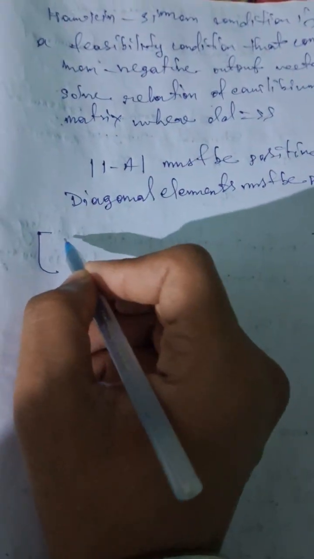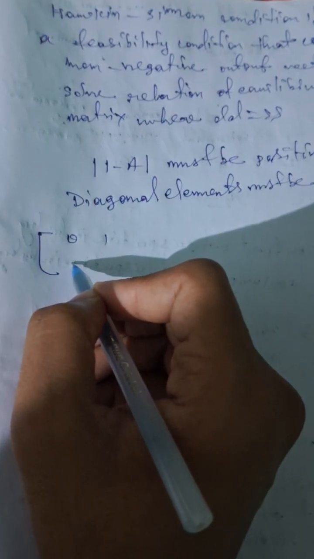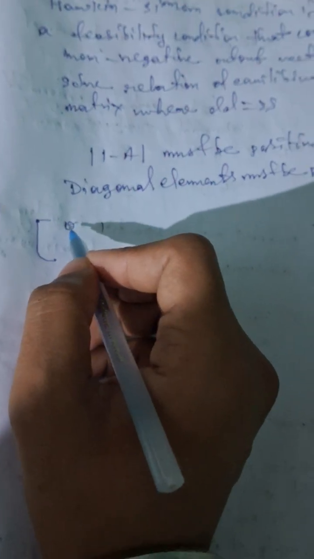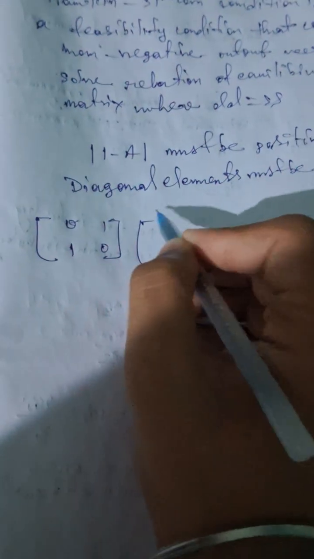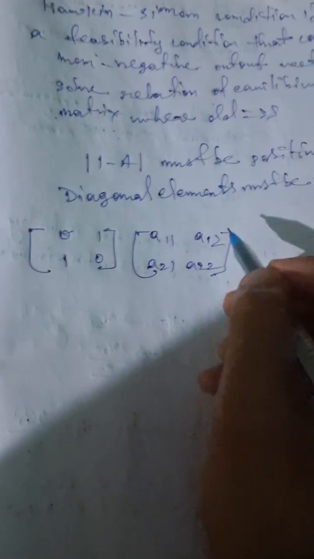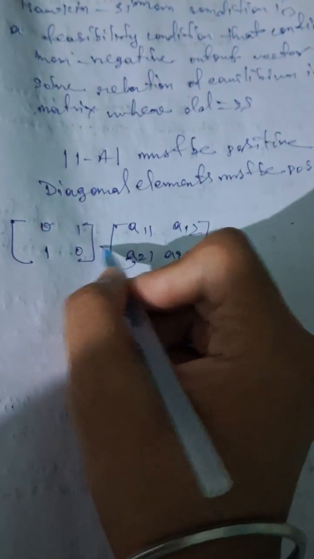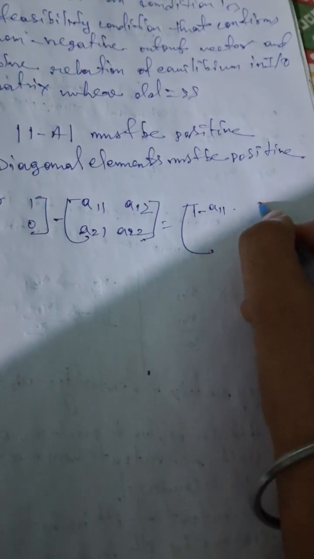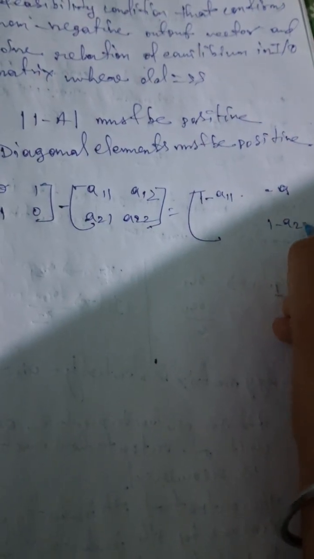So with A11, A21, A12, A22, it is equal to 1 minus A11 and 1 minus A22.